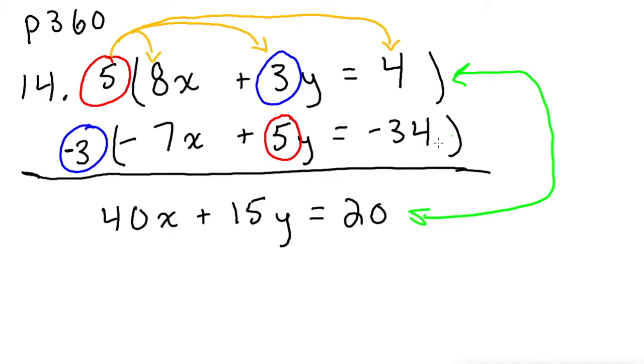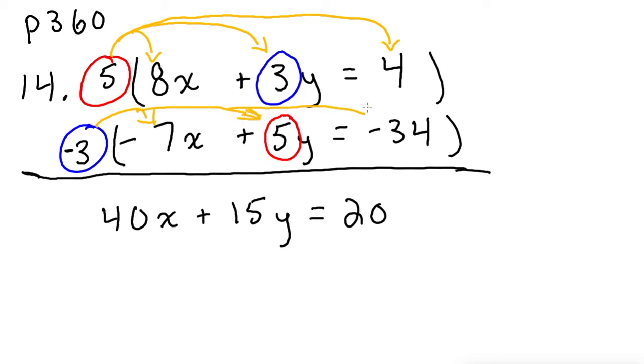Now we got to make this equation, and I'll take that one and I'll put it right under this, and then we'll add them up. So to do that, I'm going to have to take this 3 here and distribute it just like I did up here. So this 3 goes to this 7, it goes to this 5 right here, and it goes to this negative 34 over there.